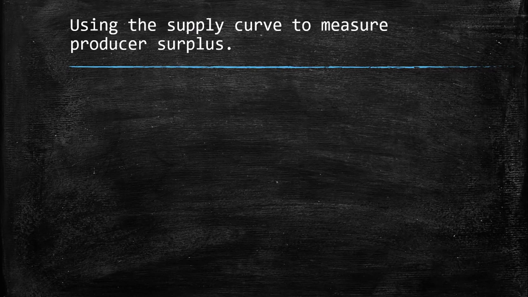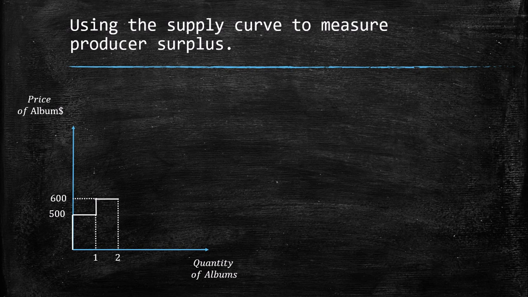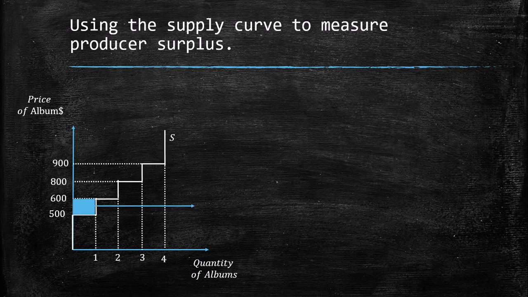Now we can use the supply curve to measure producer surplus. Here we have the supply curve, which we already did. Imagine that the price is 600. They say, okay, I'm going to offer in the market 600 dollars for one house painted.